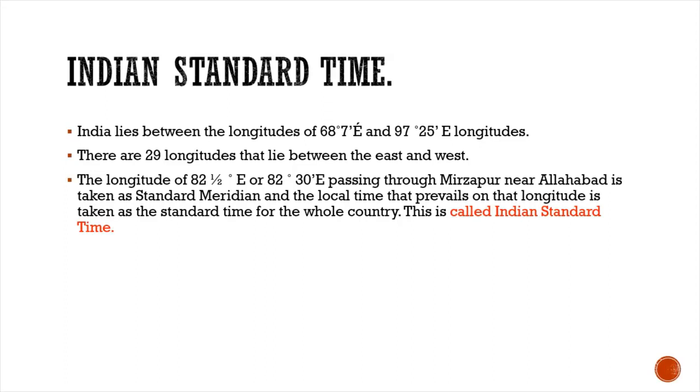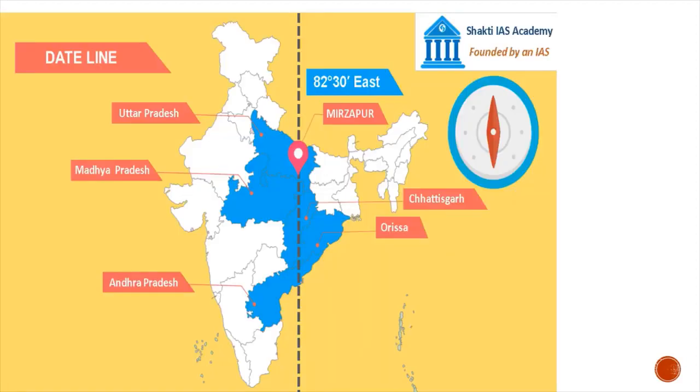Now, the longitude of 82.5 degrees east, or 82 degrees 30 minutes east, passing through Mirzapur near Allahabad is taken as the standard meridian, and the local time that prevails on that particular longitude is taken as the standard time for the whole country. This is called Indian Standard Time. Now, if you observe carefully, here we have Mirzapur, the 82.5 degree east longitude.